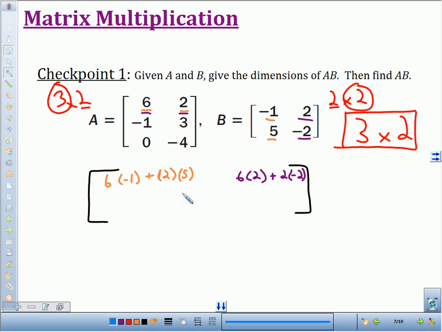All right, again, I'm going to change colors. I want to move on to the next row. Multiply negative 1 by negative 1. I want to multiply 3 by 5. I want to multiply negative 1 by 2. And I want to multiply 3 by negative 2.